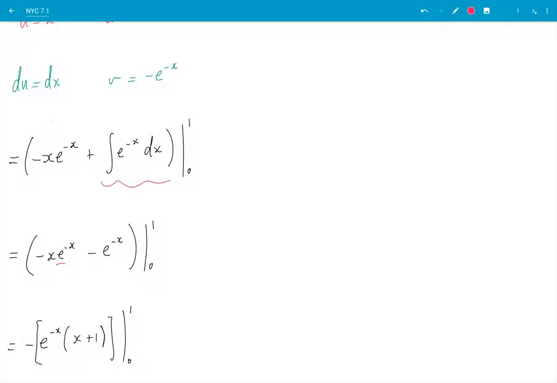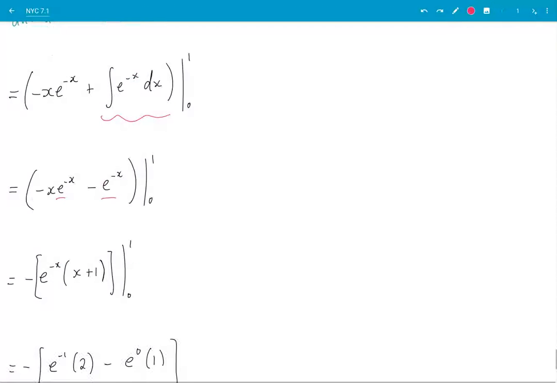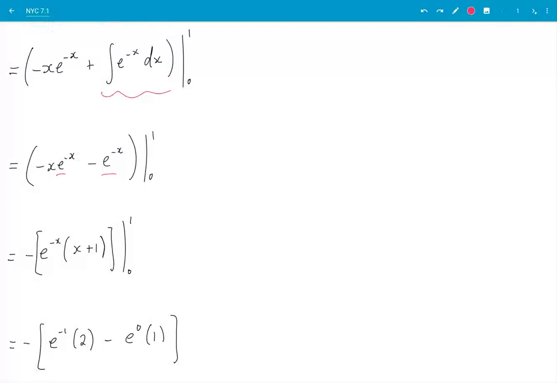And there's a common factor, e to the negative x. This factoring is not necessary, but it does help a little bit when I plug in 1 and 0. It's a lot more pleasant when I plug in 1 and 0 to get this square bracket here. Take your pick. A little factoring can help this plugging in bit a whole lot.